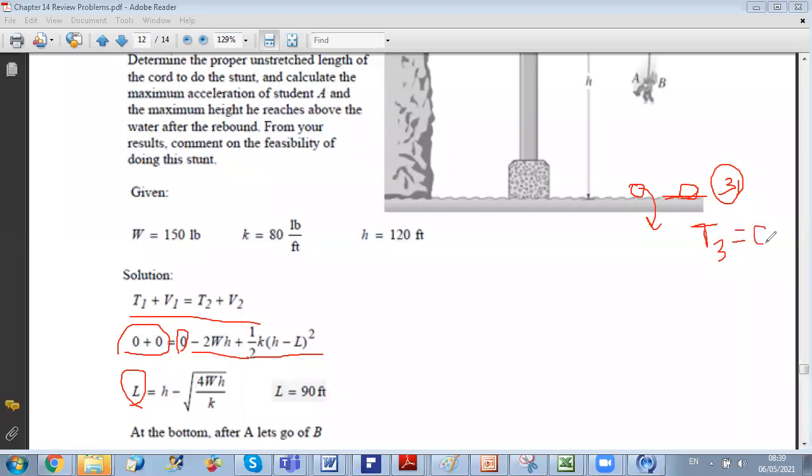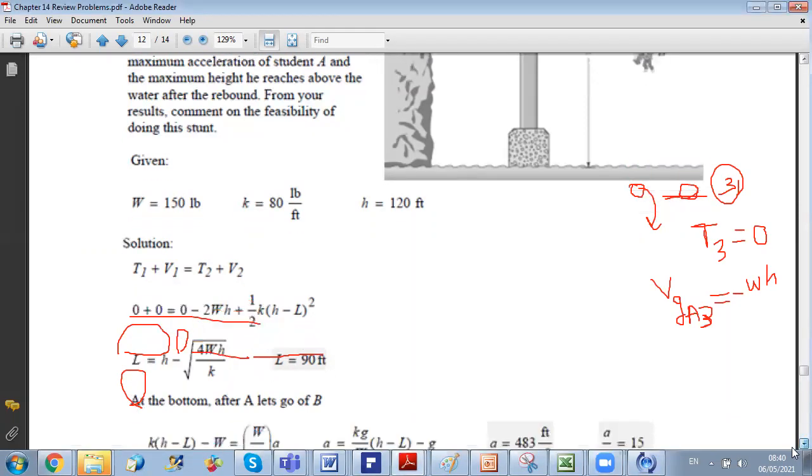Now the gravitational potential Vg at 3 will be restricted only to one of the two persons, A, because B had left the system. So V gravitational of A at state 3 is just minus W times H.